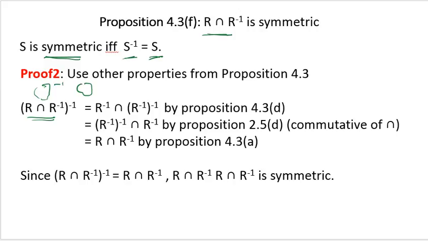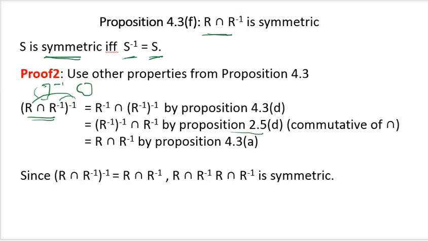By proposition 4.3d, which is the one we just proved, that expression equals R inverse intersected with R inverse inverse. In other words, you don't really distribute, but you can think of it that way. In proposition 2.5, part d, we know that intersection is commutative.